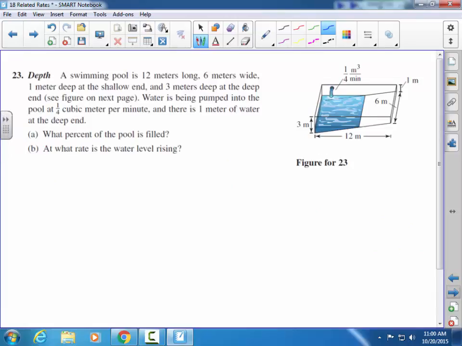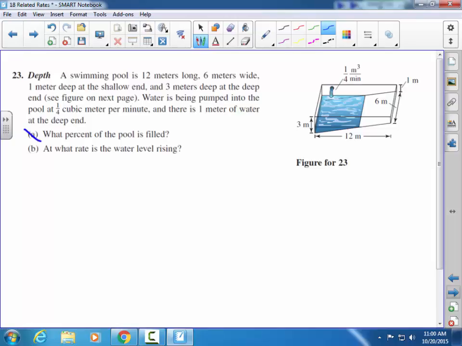Swimming pool. There's a pretty picture of it over there. 12 meters long, 6 meters wide, 1 meter deep at the shallow end, and 3 meters deep at the deep end. Water is being pumped into the pool at that rate, and there's 1 meter of water at the deep end. All right, we're not going to worry about the A part right now.